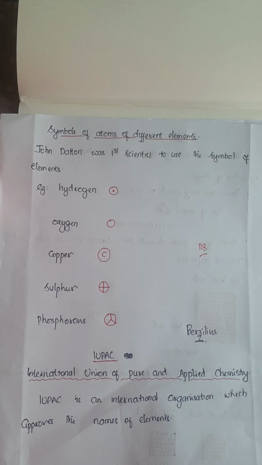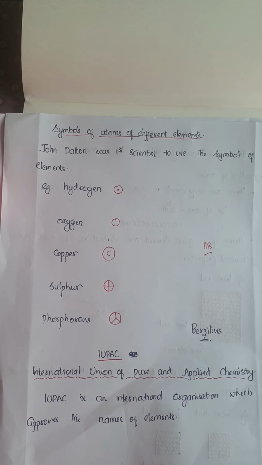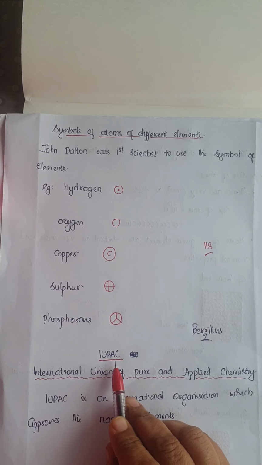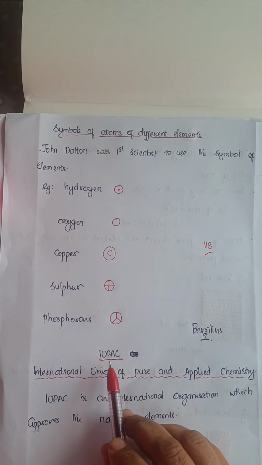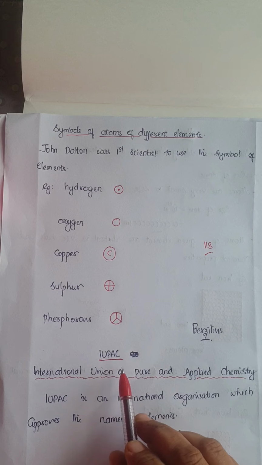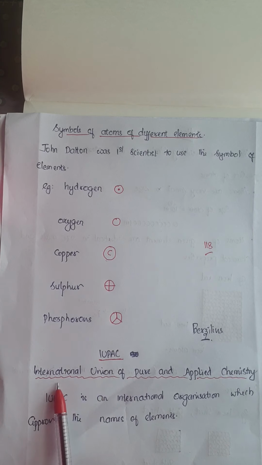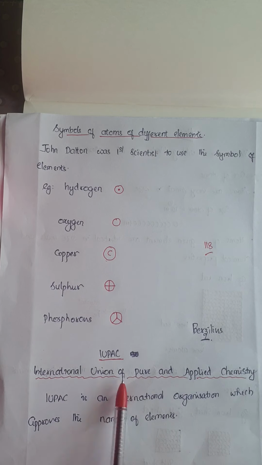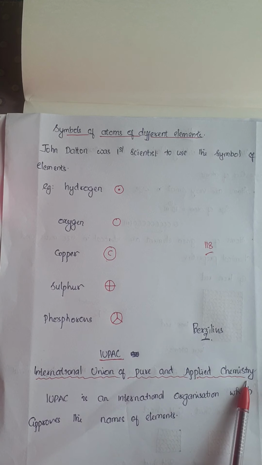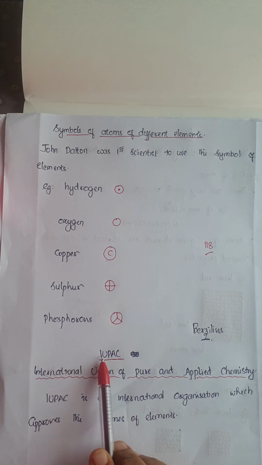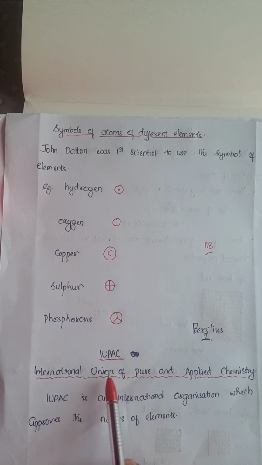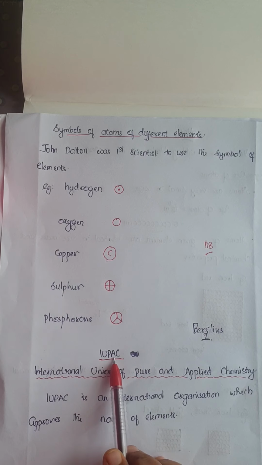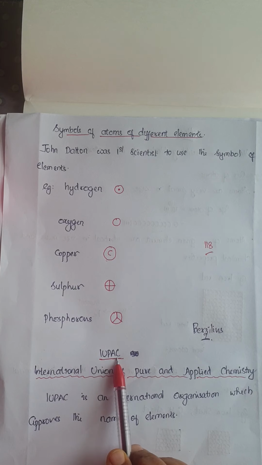Children, nowadays you have an international organization. The name of the organization is IUPAC. What's the name, children? IUPAC, the International Union of Pure and Applied Chemistry. What is its full form, children? International Union of Pure and Applied Chemistry.